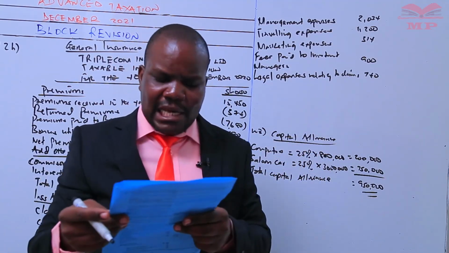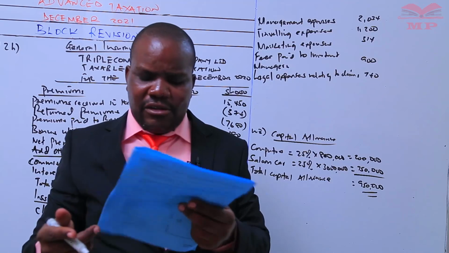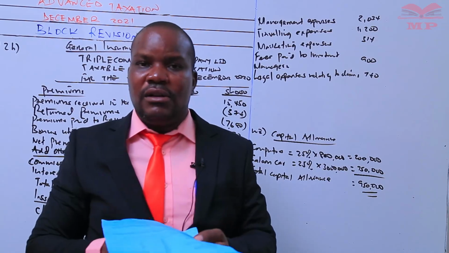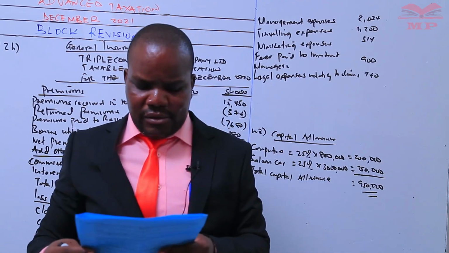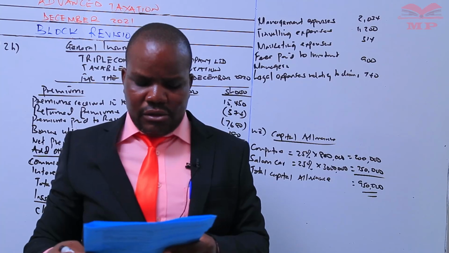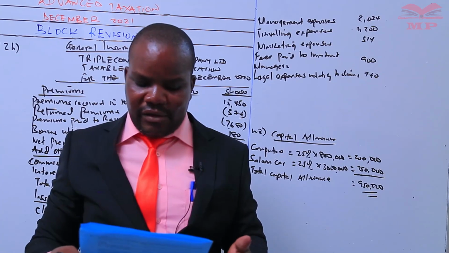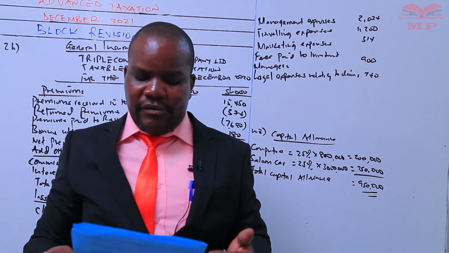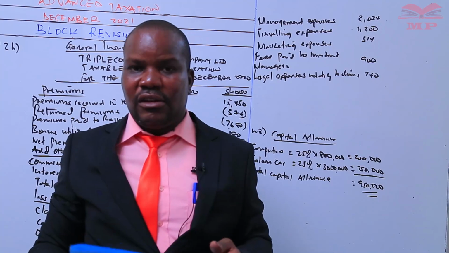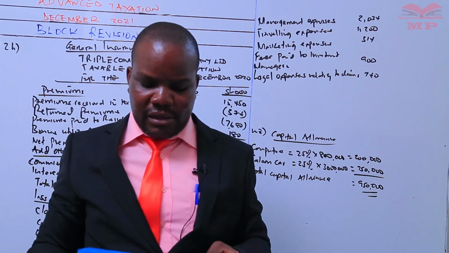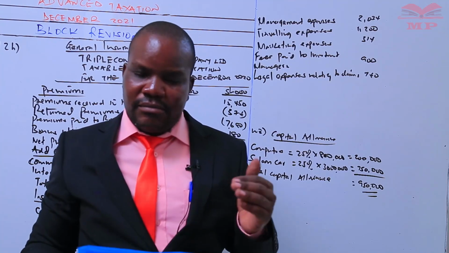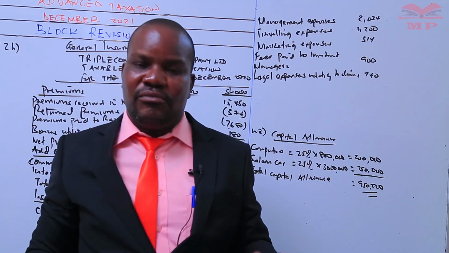Then we have bad and doubtful debts. Bad and doubtful debts are only allowable if they are specific. So here, we are not told whether these bad debts are specific or not. Again, a provision for doubtful debts is only allowable if it is specific. So here, because it is just bad and doubtful debts, we could assume either way.